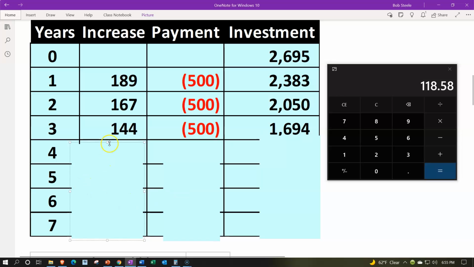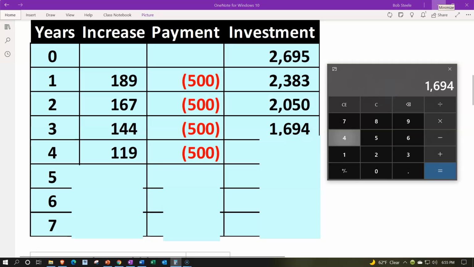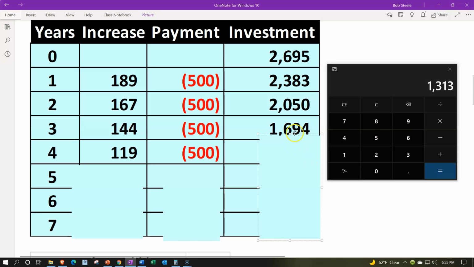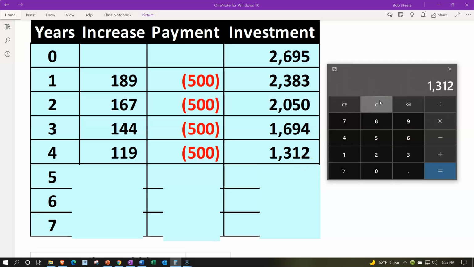That's going to be about the 119. We take out another $500. So we have the 1,694 plus the 119 minus the 500 is going to give us about the 1,312. Then let's take the 1,312 times the 0.07.